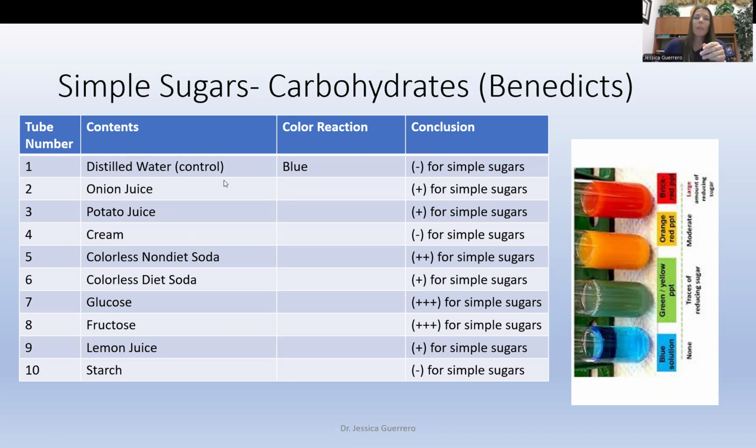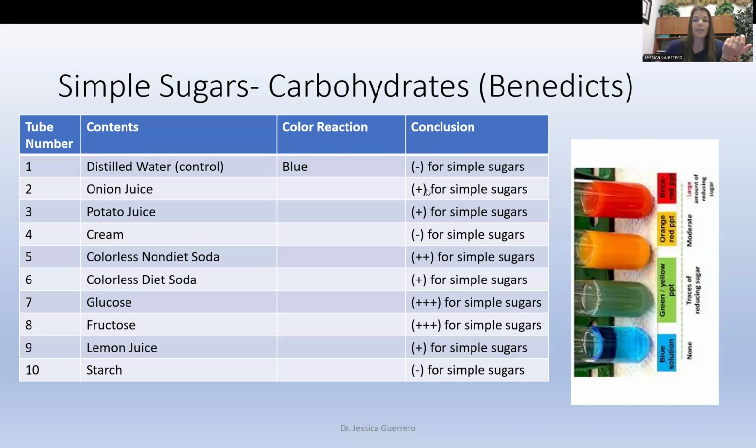Then in class, I talked about perhaps hypothesizing which of these did have sugars. As you go through and you test and you add your Benedict's reagent, you may have a gamut of colors that have shown up. And the color change depicts about how much simple sugar is present.